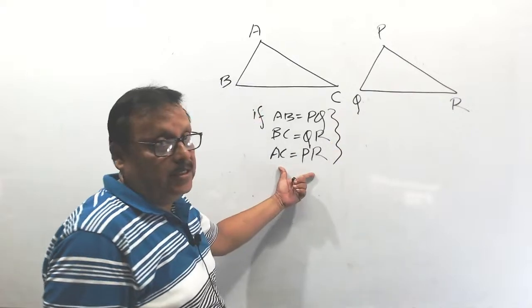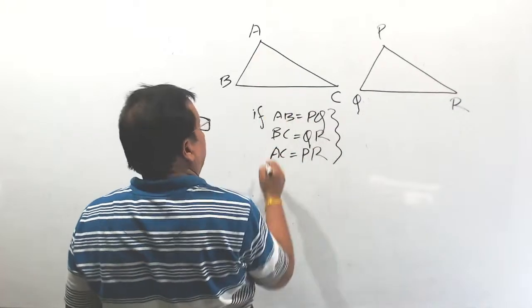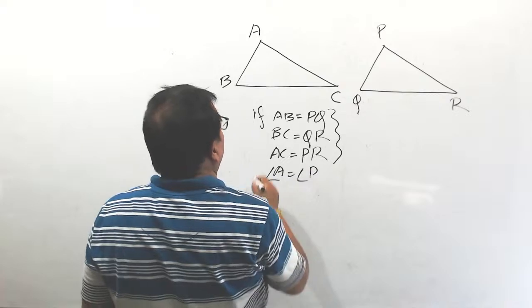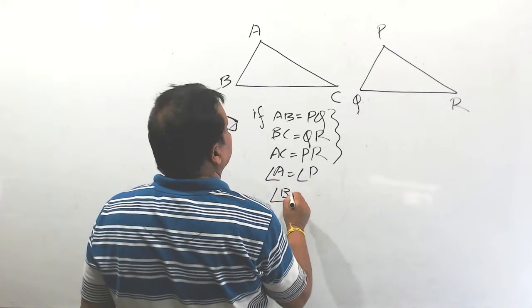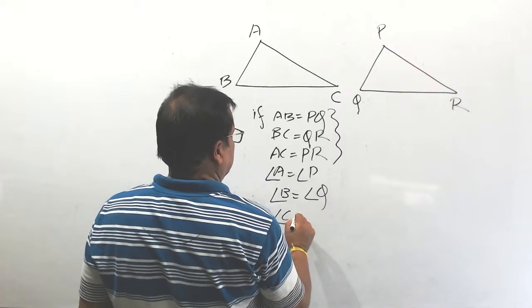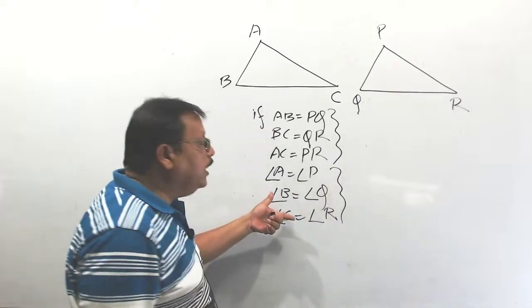Corresponding three sides and corresponding three angles: angle A equal to angle P, angle B equal to angle Q, and angle C equal to angle R. Corresponding three angles.